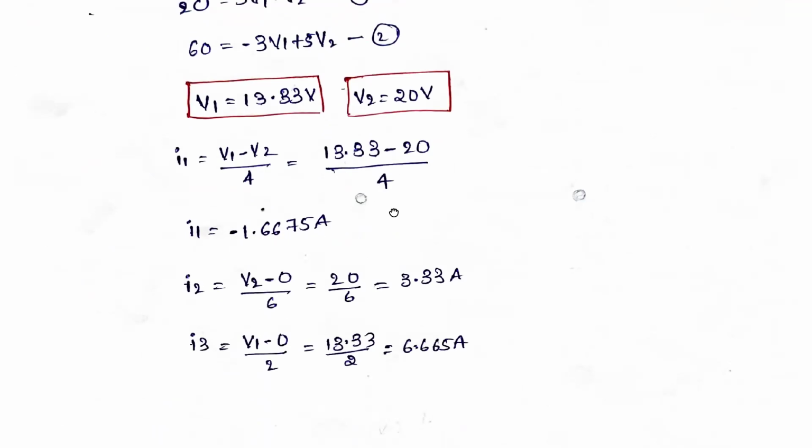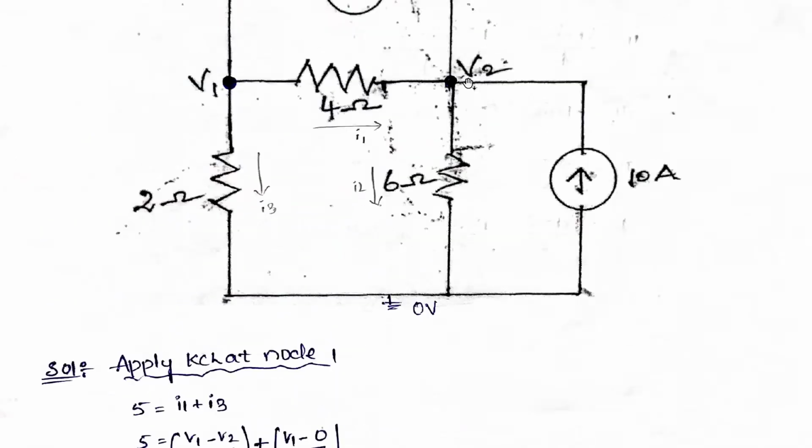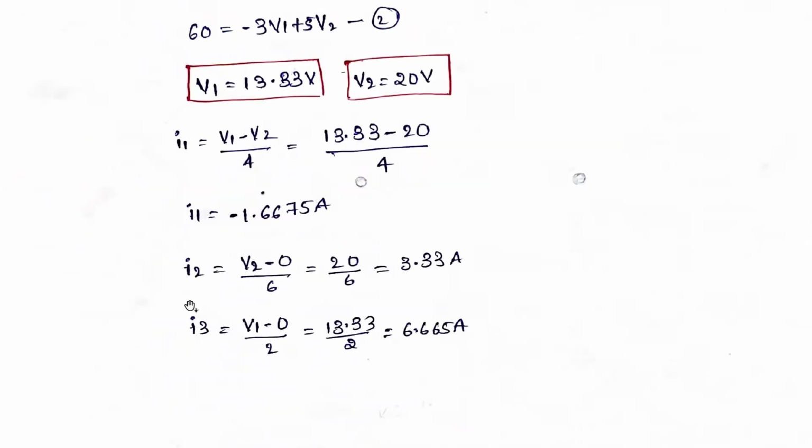Similarly, I2 is in this direction: (V2 minus 0) divided by 6, which is 20 divided by 6, equal to 3.33 amperes.